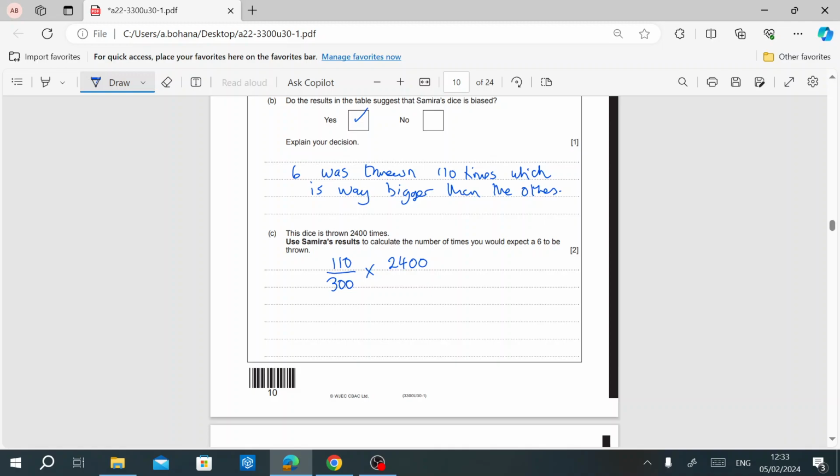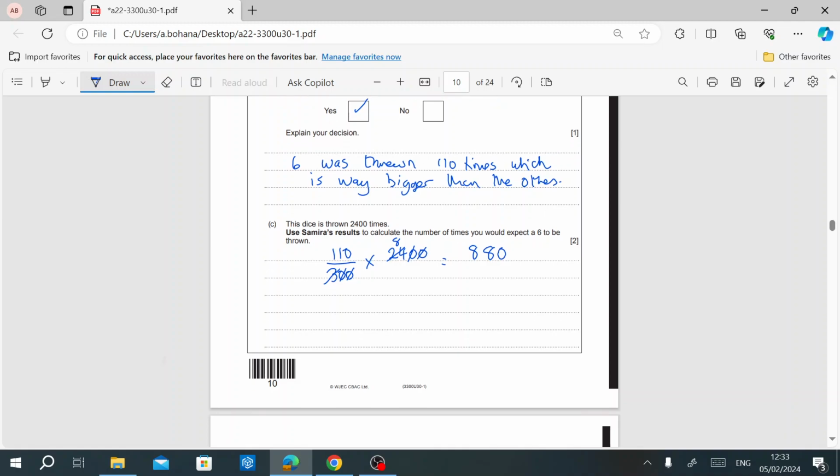So basically you're working out, of the 2,400 times, we know the probability of getting a 6 is 110 out of 300 attempts. So 2 zeros there, 2 zeros there. Cancel out the 3 into the 24 8 times. So 8 times 110 is 880. So we expected that to happen 880 times.